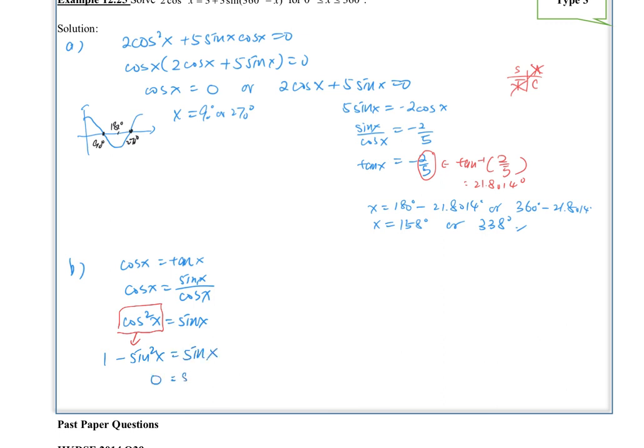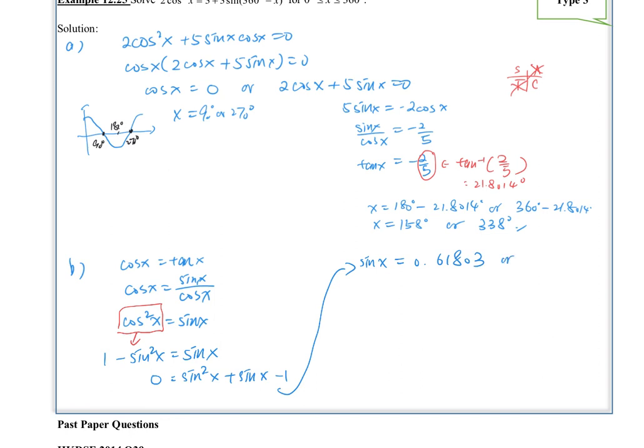And then put everything on one side to form the format of a quadratic equation. So this time we have to find sine x maybe by quadratic formula, or you use the program number 1.